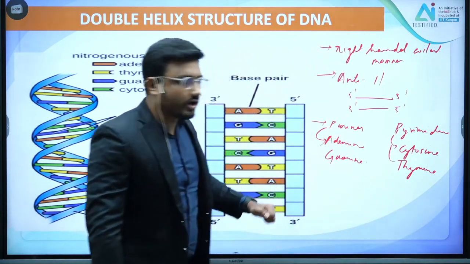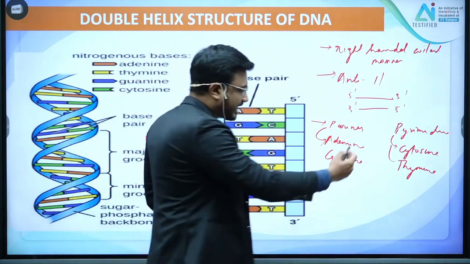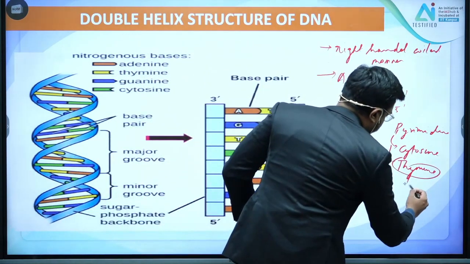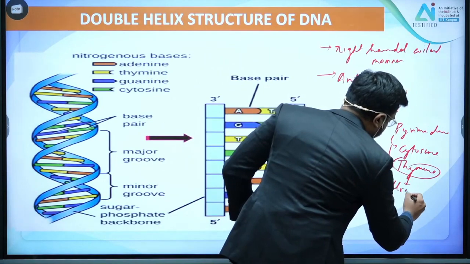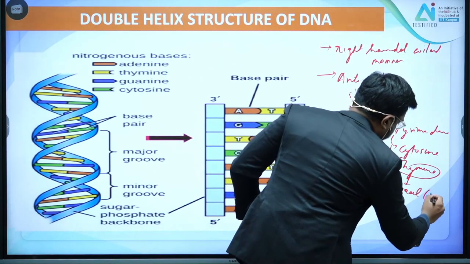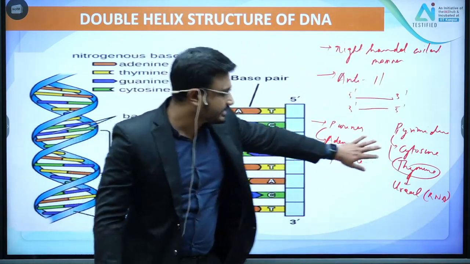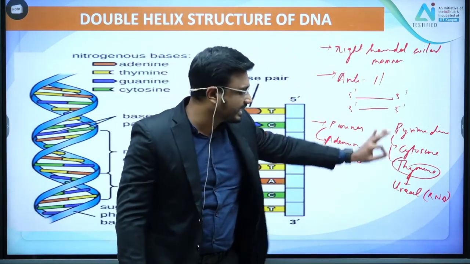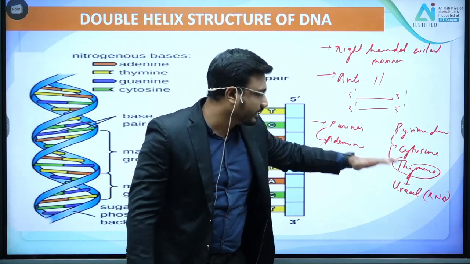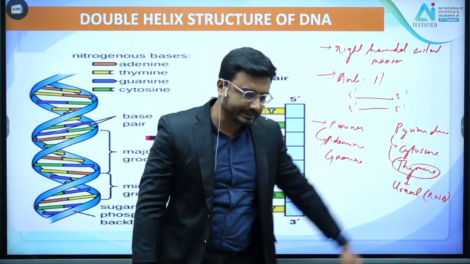In the case of RNA, in place of thymine, we would have the pyrimidine uracil. So RNA doesn't consist of thymine. This is a very important point: RNA doesn't have thymine, but it has the pyrimidine uracil.